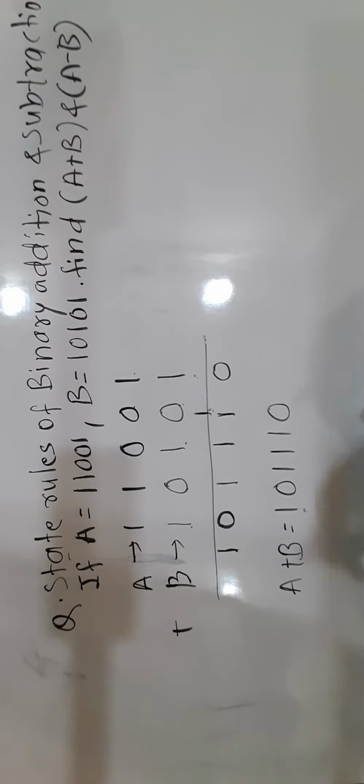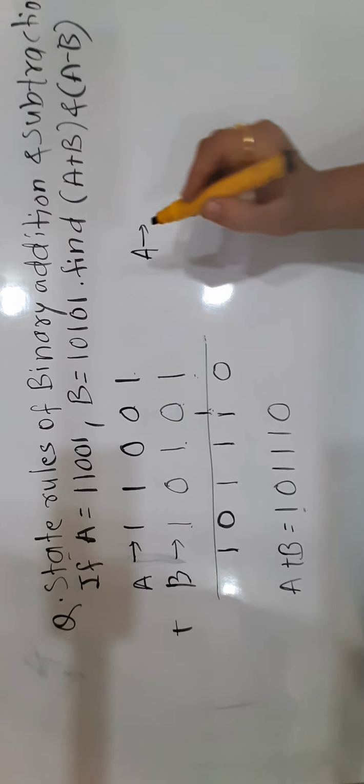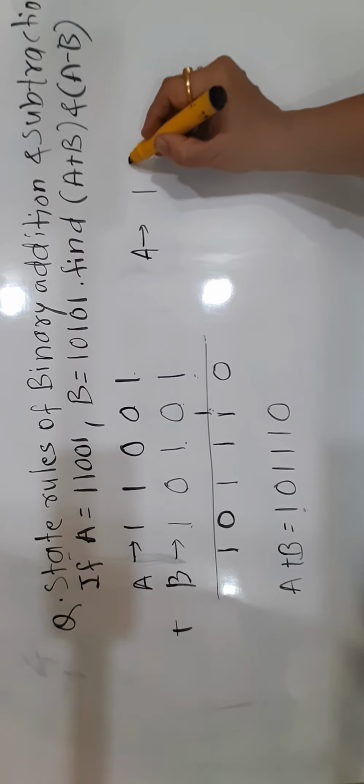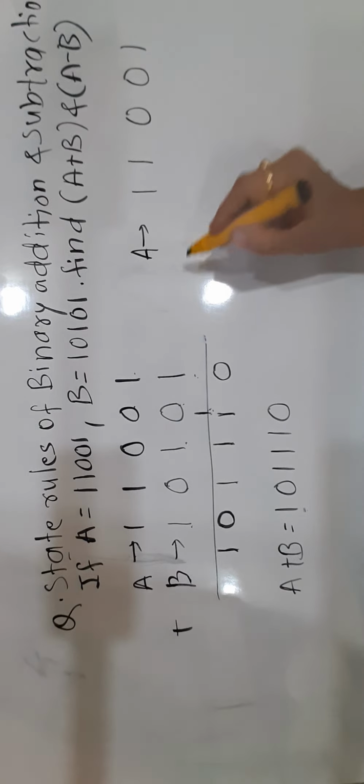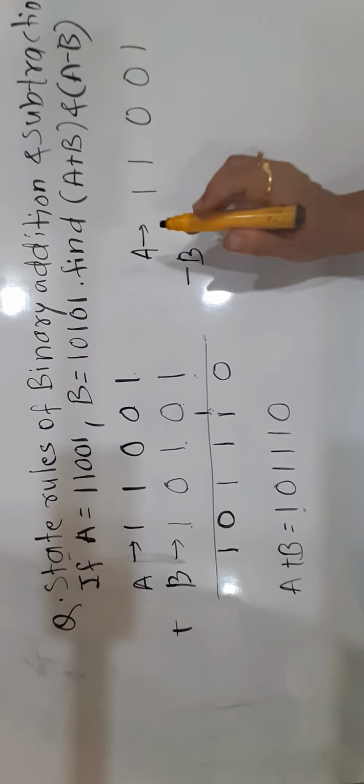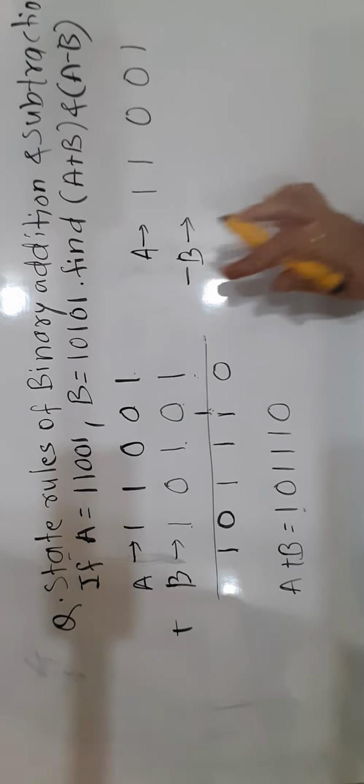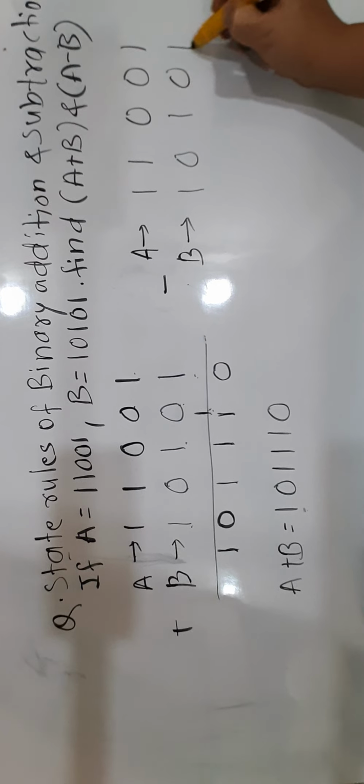Now let's perform the subtraction a minus b. a is 11001 minus b, which is 10101.